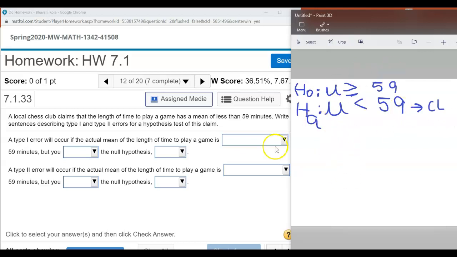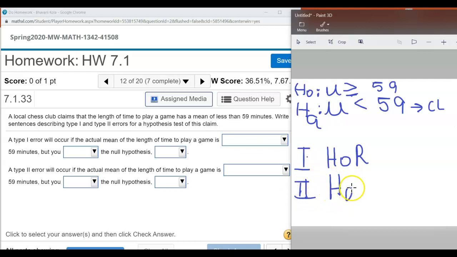Okay, so once you finish writing your claim, your H naught, and your HA, now for the keywords. Remember what we did in the previous PowerPoint. For your type 1 error, your keywords are H naught and reject. For type 2 error, what are your keywords?